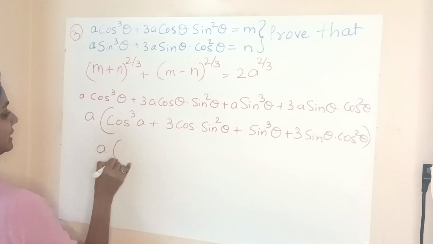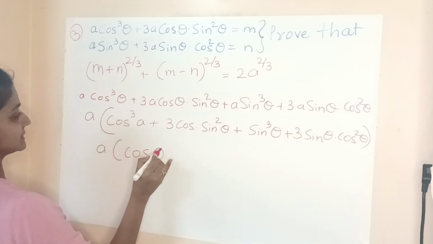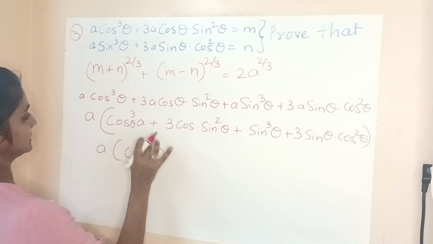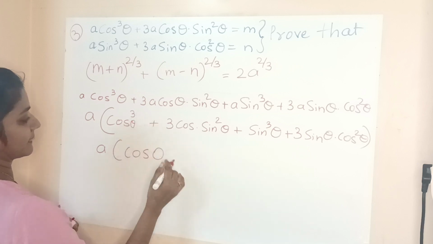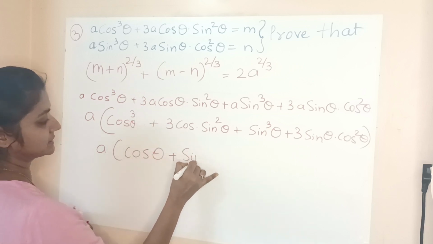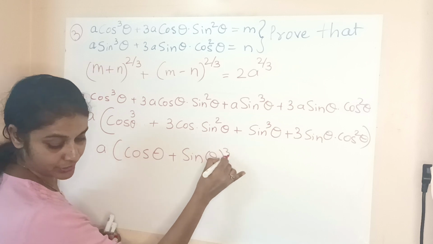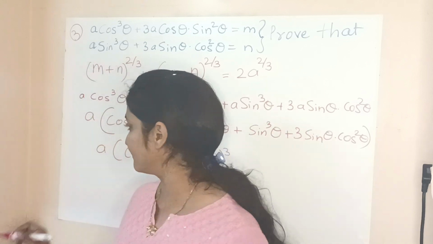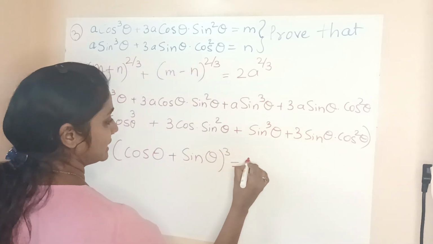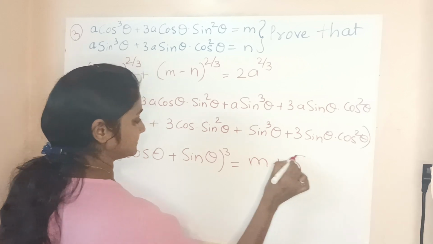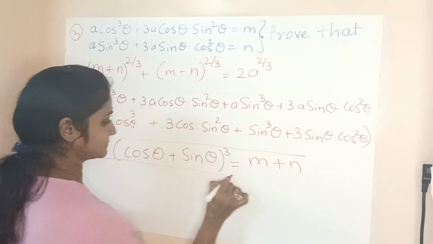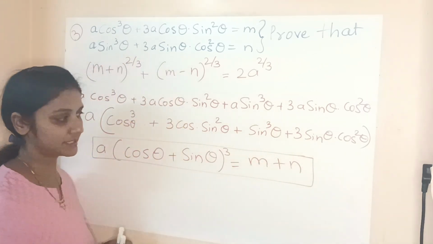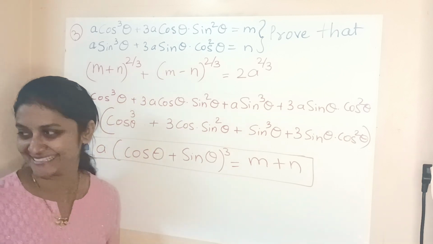It's going to be a cos theta plus sin theta whole cube. Done. And what is this? This is my m plus n. Over, done. Only m plus n.